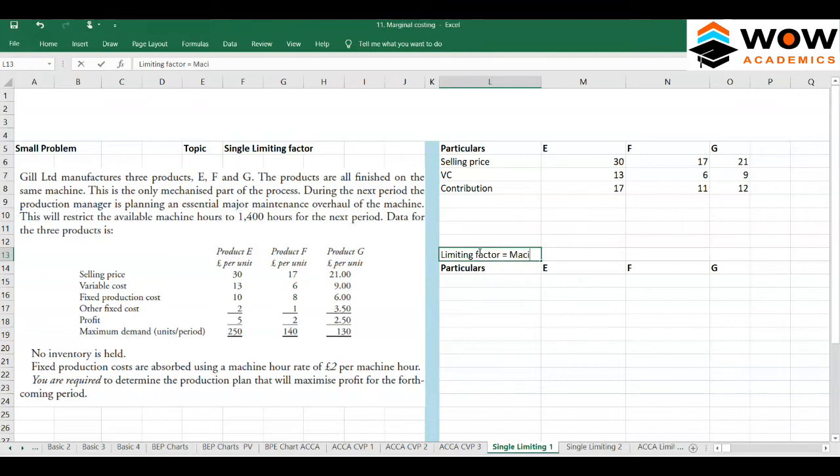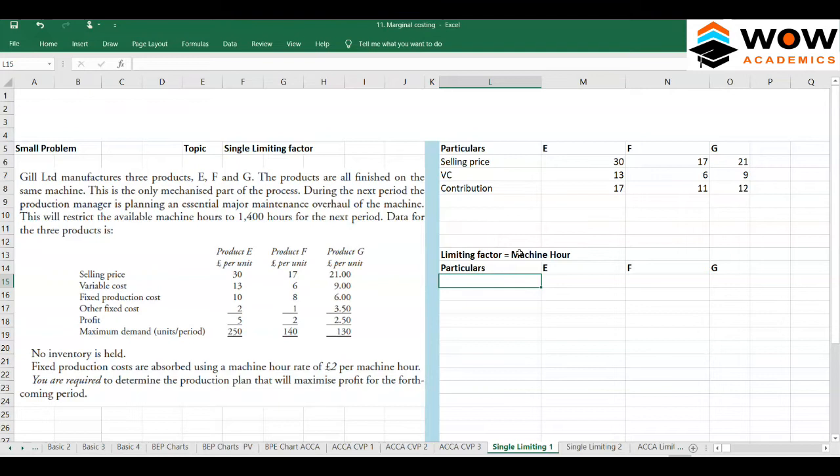He has given that himself, so we don't need to find it out. And we need to find out how many machine hours each product takes.